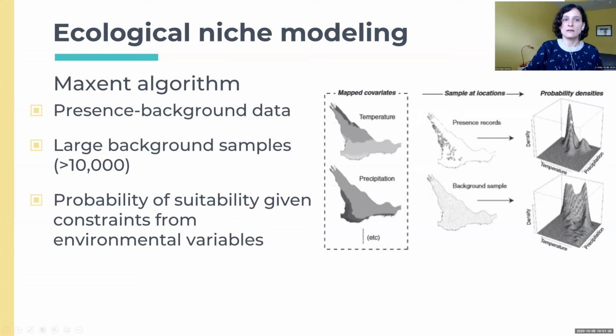So in this case, we see a peak over here versus the rest of the locations, or the pixels, in our study area. So it's contrasting combinations of environmental variables at presences to background samples.